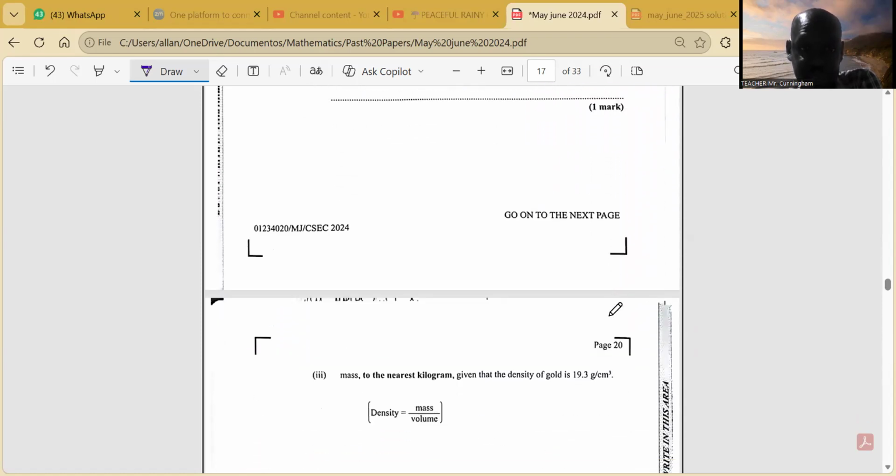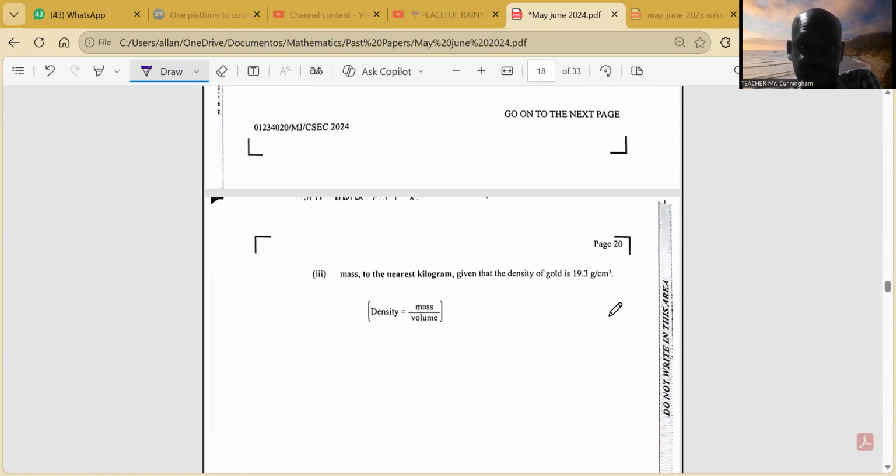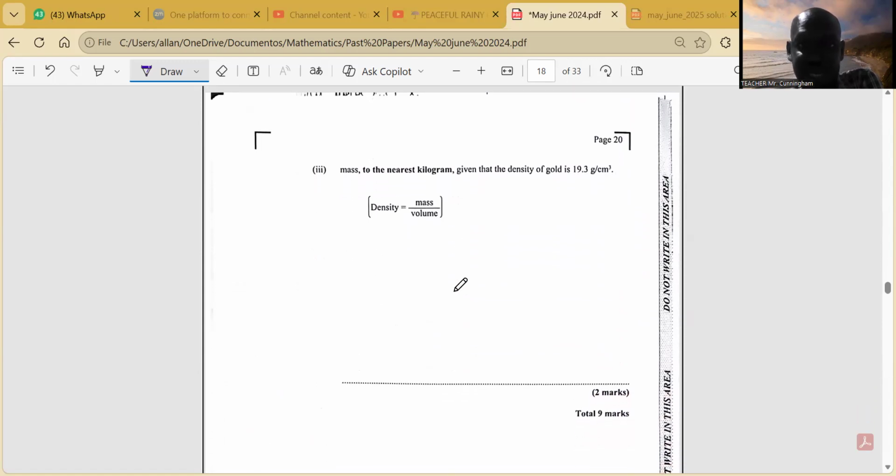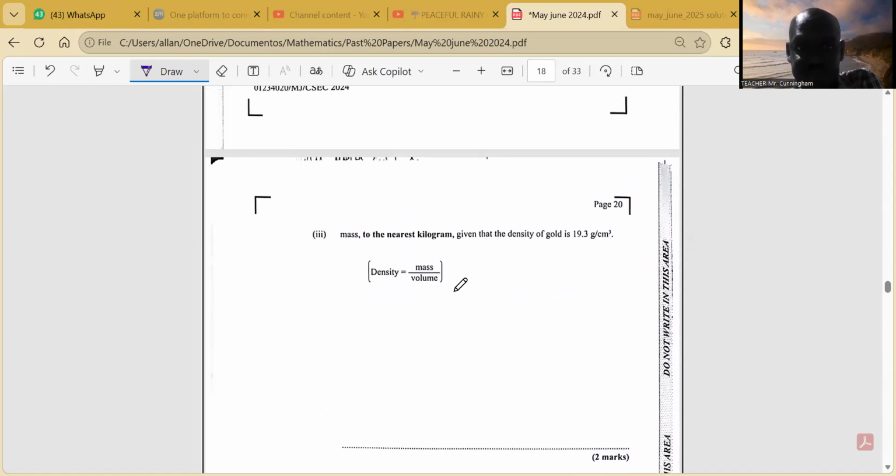Last part. You have to give your answer to the nearest kilogram. Given that the density of the gold bar is 19.3 grams per cm cube, calculate the mass to the nearest kilogram.